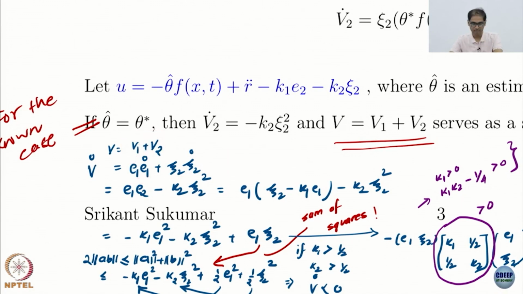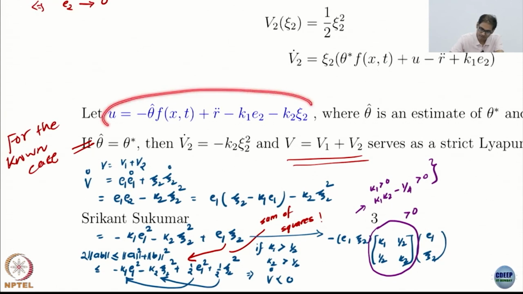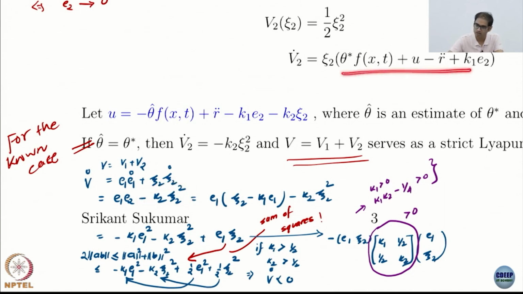What is E1 dot? E1 dot is E2, and psi2 dot, because of this choice, is minus K2 psi2 squared, because I cancelled everything and all I am left with is minus K2 psi2 squared.